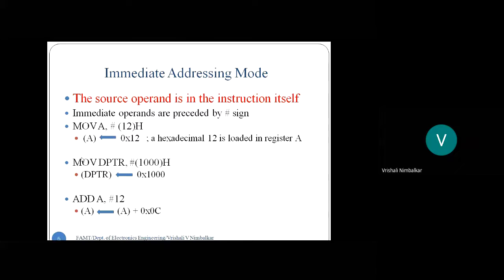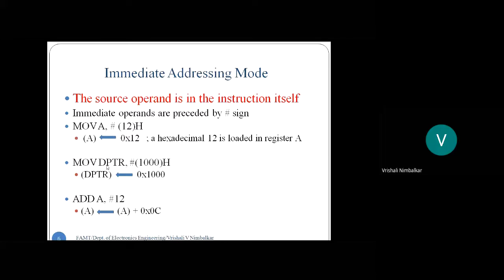Look at the second example. MOV again means a data transfer. The destination is DPTR and the source is in the instruction itself. DPTR is a 16-bit register, so the data should also be 16-bit. If you enter 8-bit data, it will get converted into 16-bit and copied into the 16-bit register.